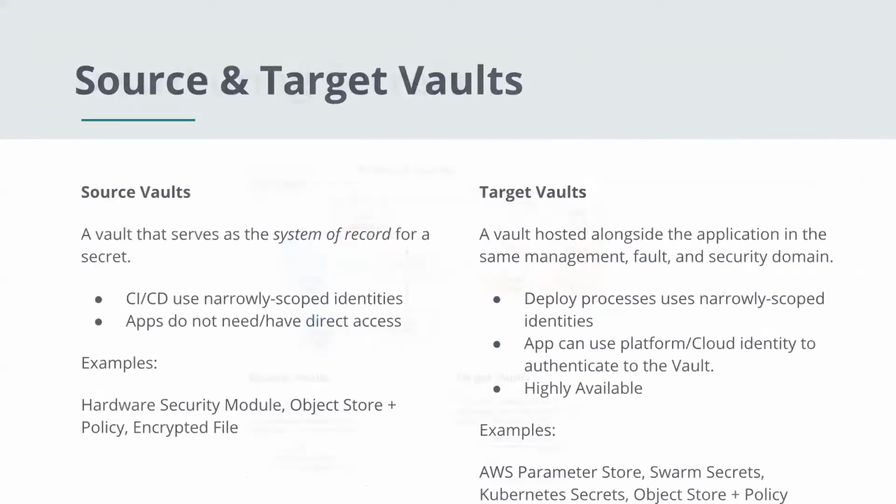This is kind of an example of a dependency problem. But as I mentioned, a vault that serves as a system of record for a secret, that's what I'm calling a source vault here. And within continuous integration and delivery, you should use a narrowly scoped identity to access that source vault. This is just a general application of the principle of least privilege.